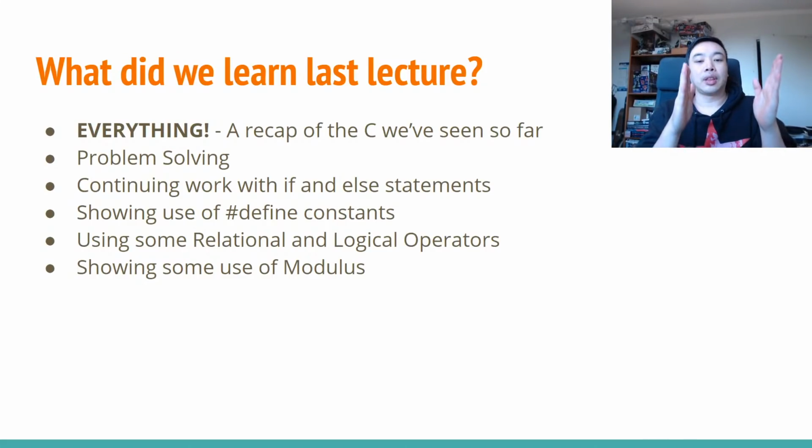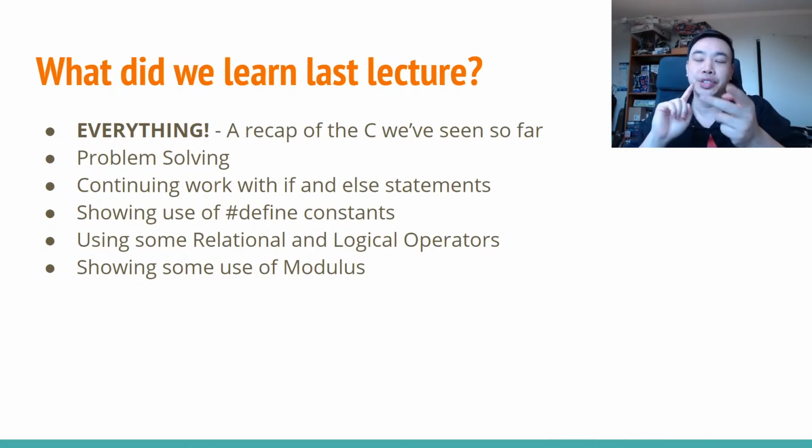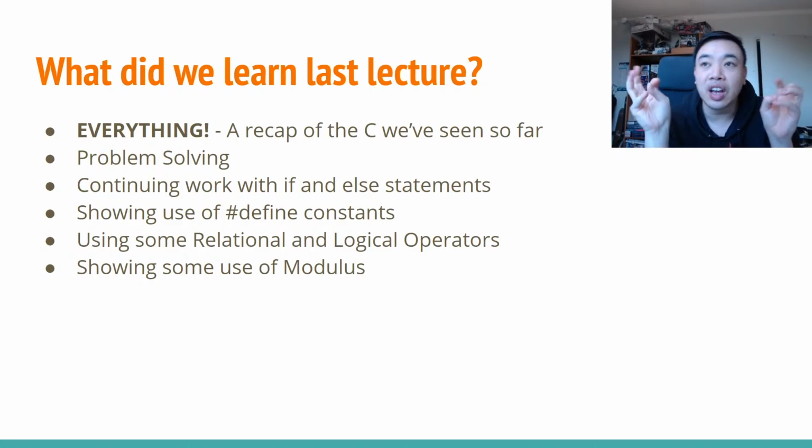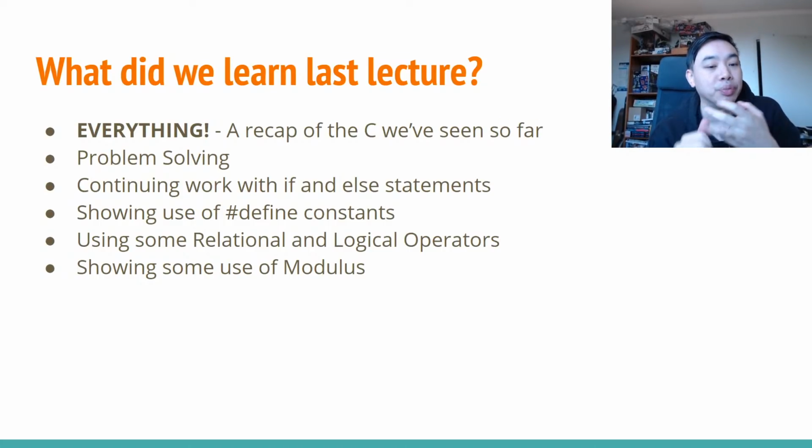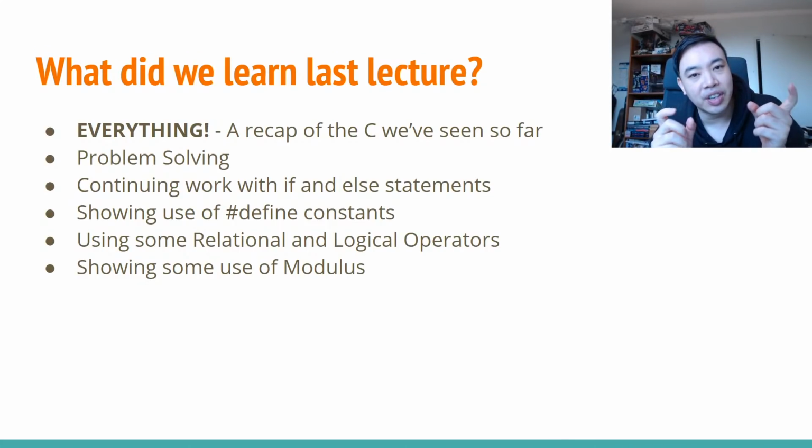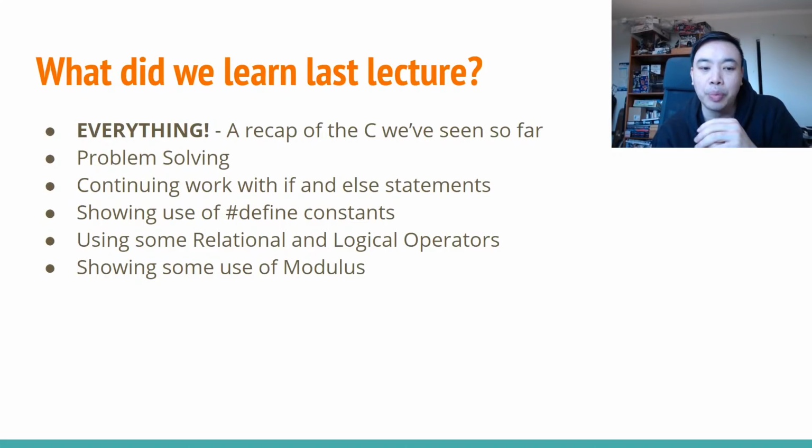All right. So we did some if and else statements, but we did this under the guise of problem solving. We also used modulus, which is interesting. So we learned that modulus giving us remainders allows us to do interesting things with numbers. We had our first sort of piecing together of multiple relational operator questions using a logical operator.